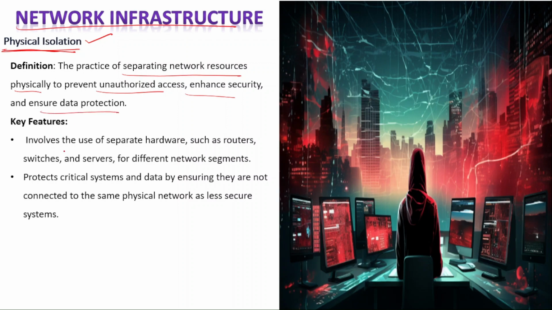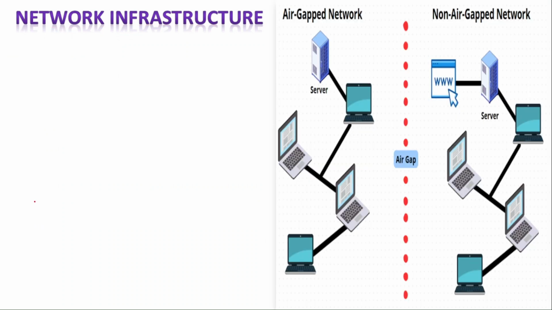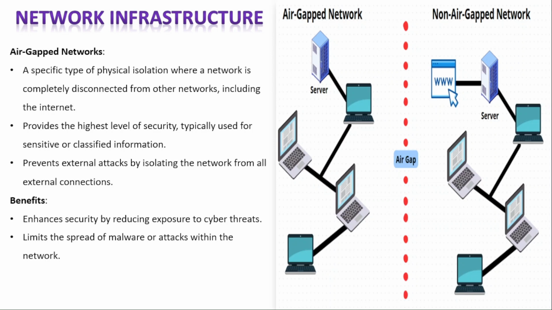Key features include the use of separate hardware such as routers, switches, and servers for different network segments. It protects critical systems and data by ensuring they are not connected to the same physical network as less secure systems.